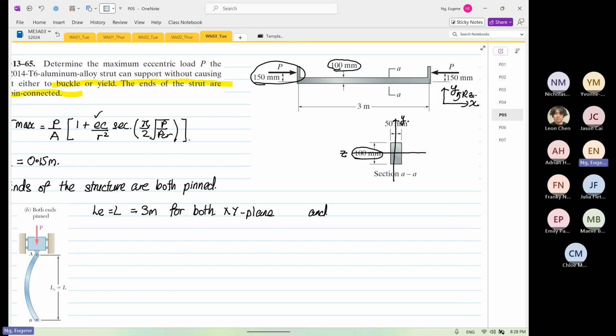So buckling can occur this way, and then if I were to look on Y, both XY and XZ, okay, and XZ, is it XZ?